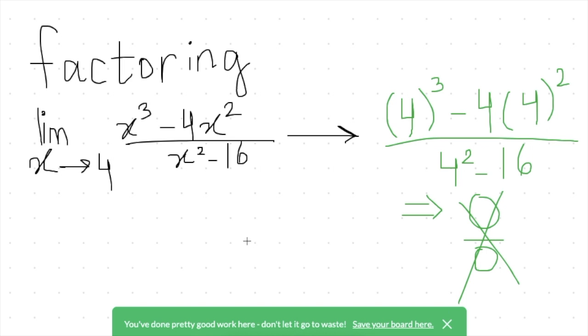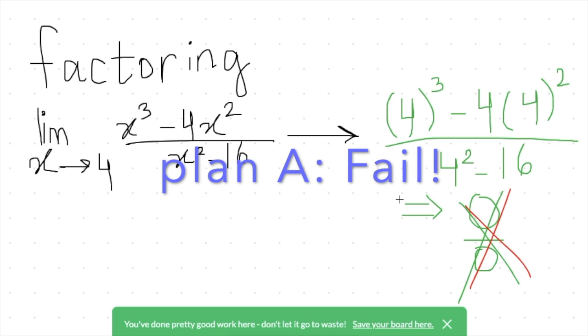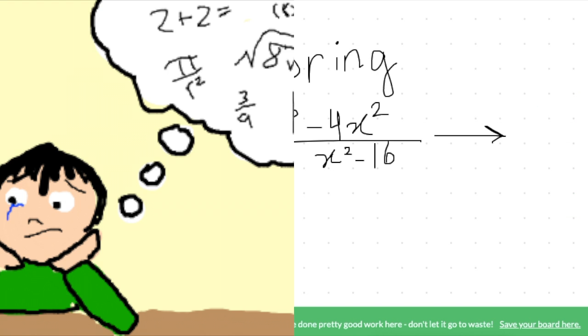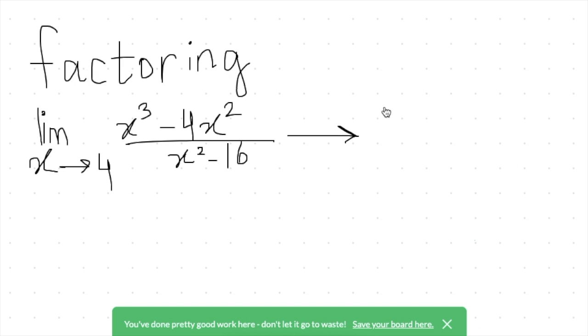So continuing from here, since we can't plug in the values without getting an indeterminate form, we're going to try something else. We are going to try factoring. So let's factor an x squared out of both terms in the top.